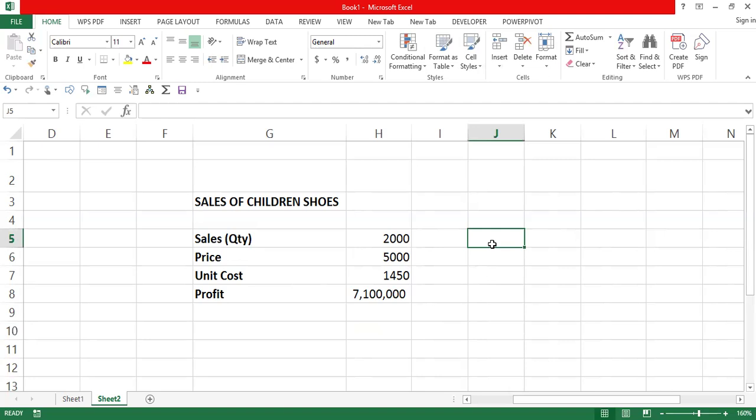And the unit cost at which the product was bought, I think, is 1,450, if I'm right. The unit cost for the products is 1,450, yes.